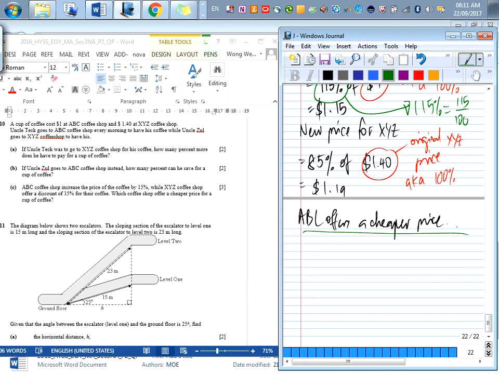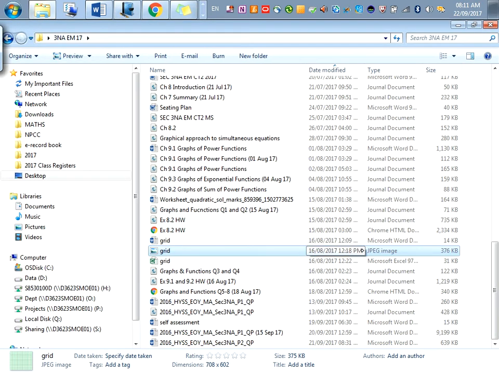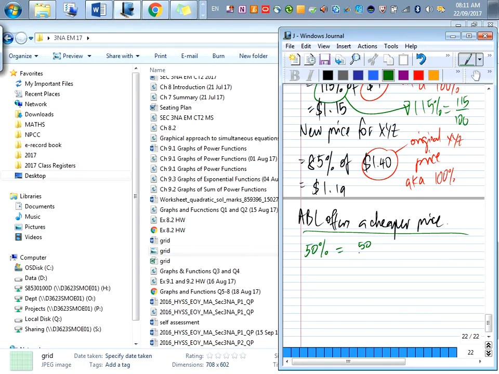Quick examples. 50% is equal to 50 over 100, which is equal to 0.5, which is also equal to half. 78% is equal to 78 over 100, which is equal to 39 over 50, which is equal to 0.78.